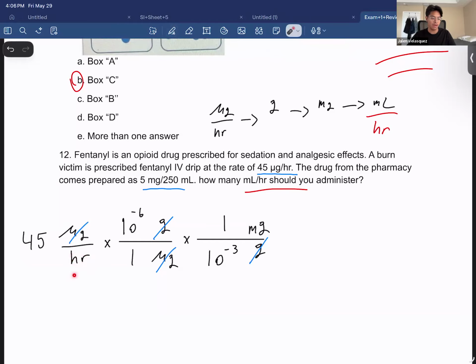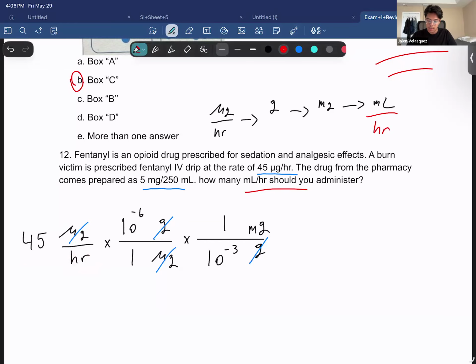And we already have the unit of hours in the bottom. So that's a good thing, right? So let's deal with the milligram to milliliter conversion now. Remember, I want the milliliters on top.